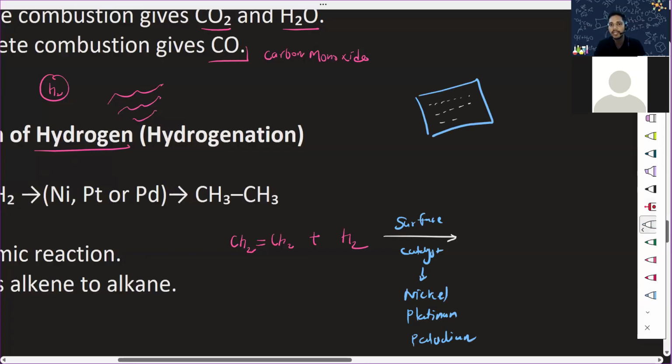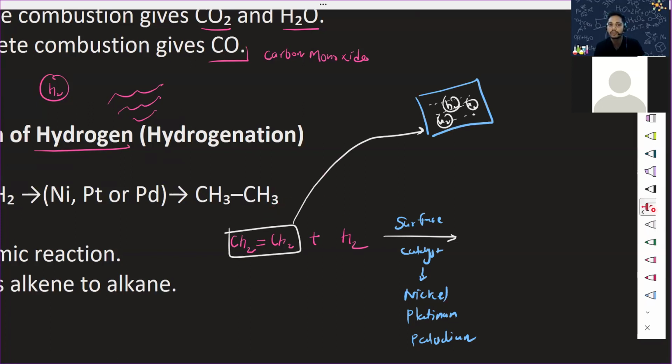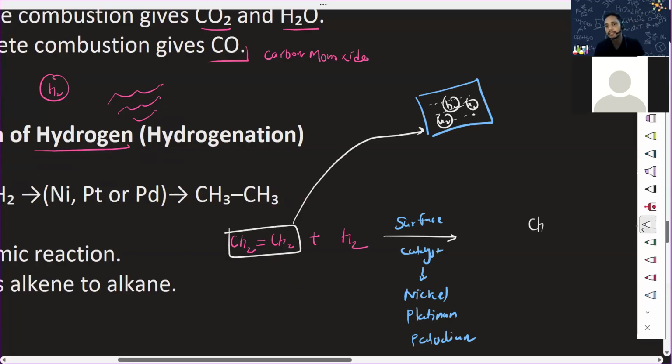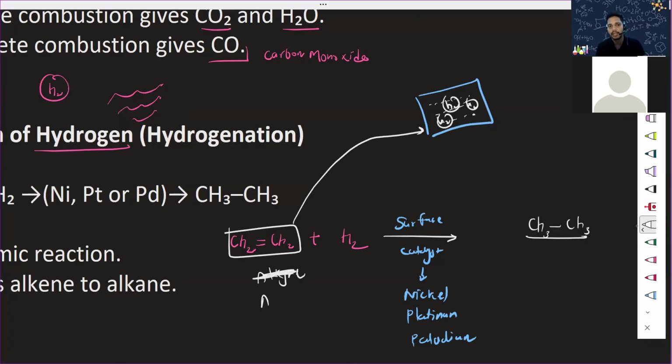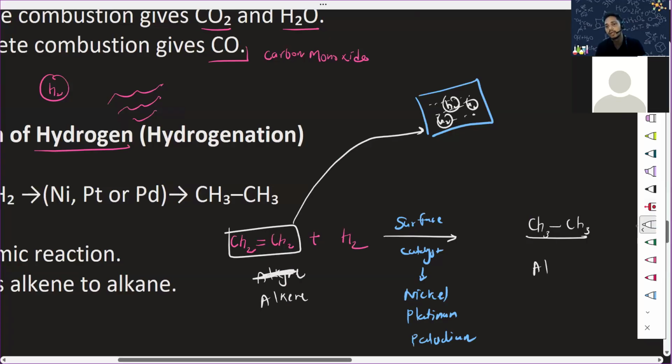They provide the surface because hydrogen is a gas. You have this thing which is already present, but hydrogen has to be entrapped on the surface. Then only this reaction will occur smoothly, with hydrogen getting added. So we'll get CH3, CH3. Got it? So we are converting alkene, sorry, my mistake, alkene to alkane. But you need a surface catalyst for sure. This point is very much clear.